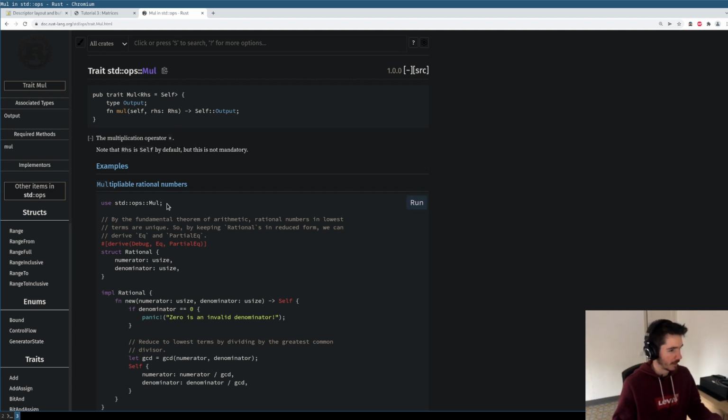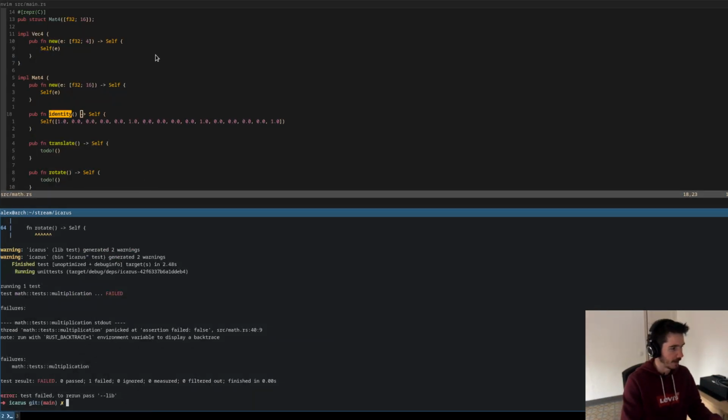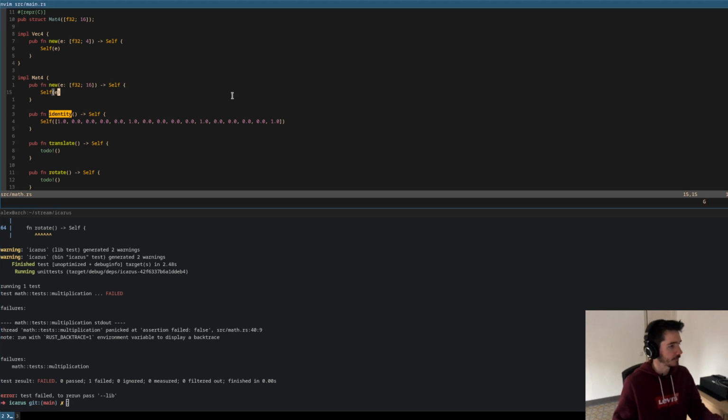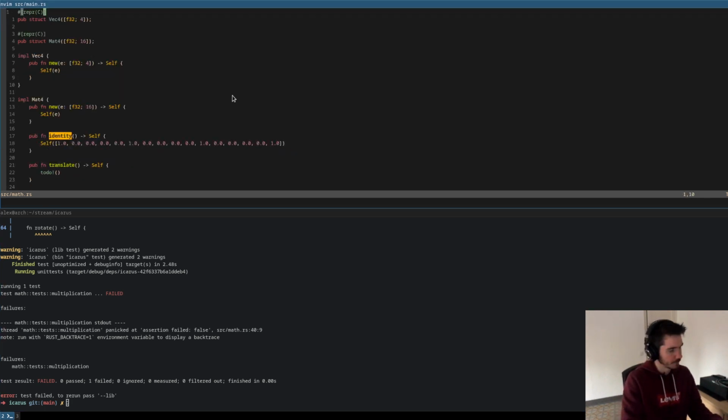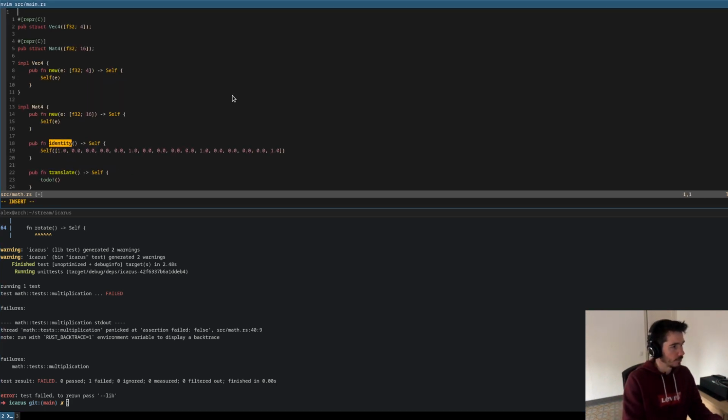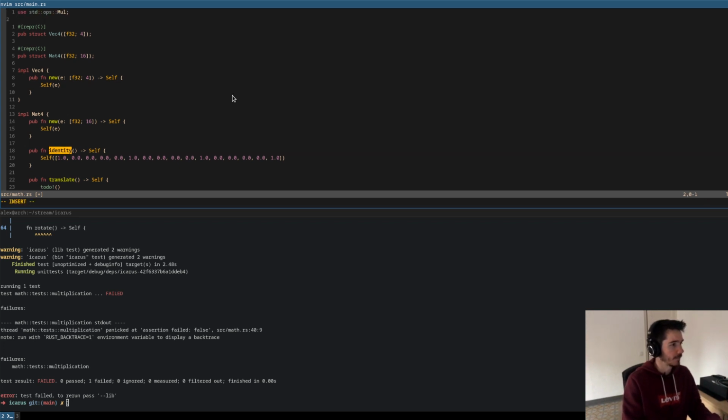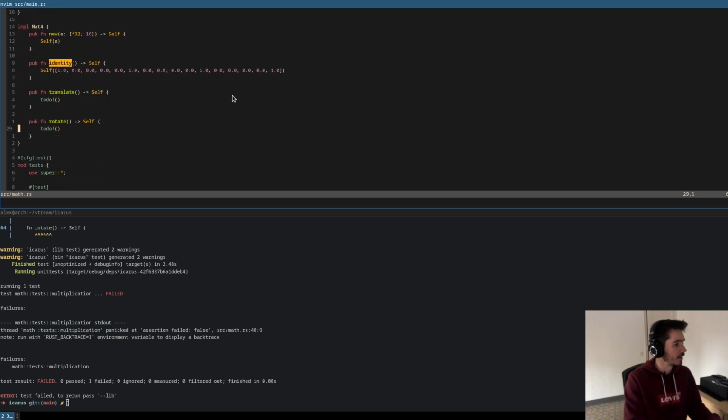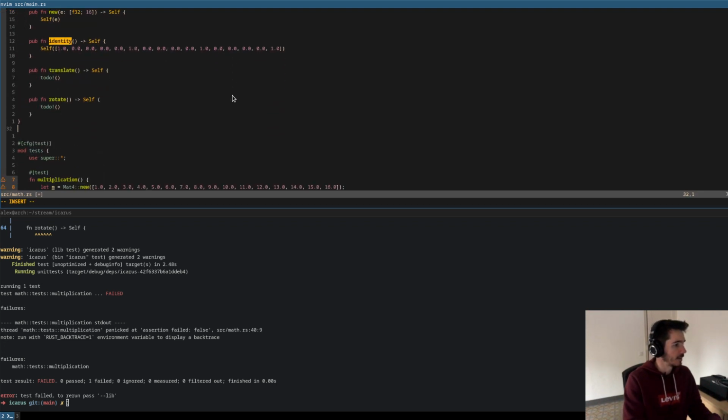So we can use this trait at the top of the file. Use it in here, and then after the constructors, we can add an implementation for this.